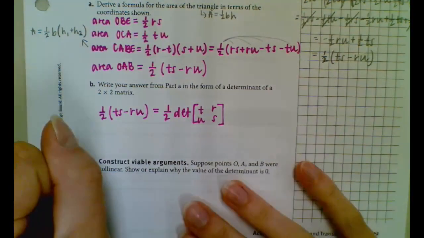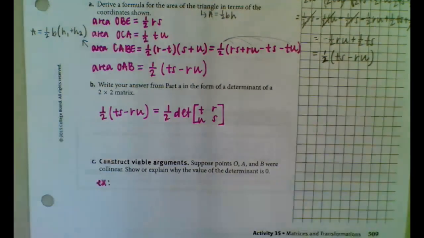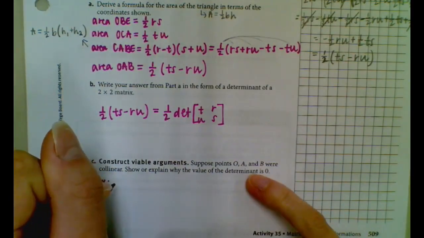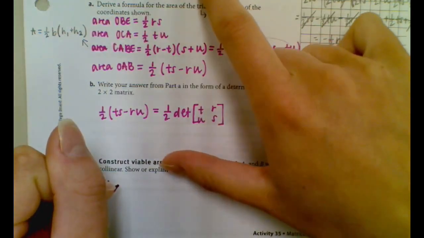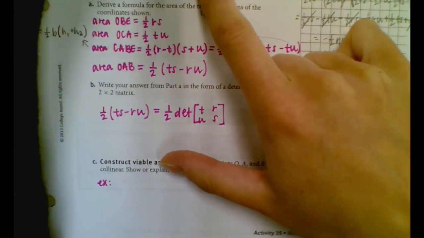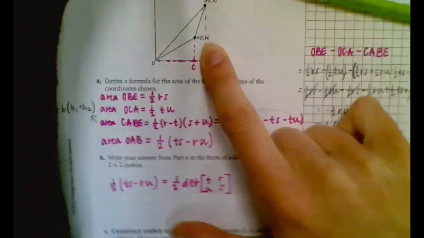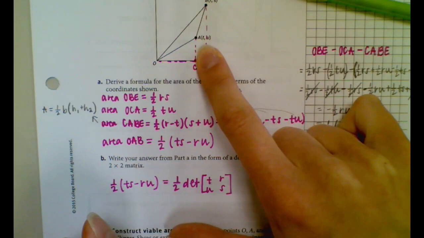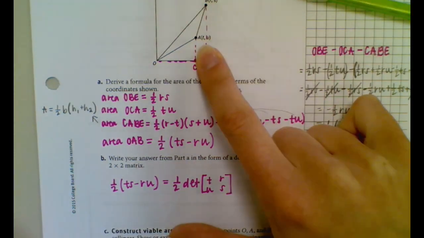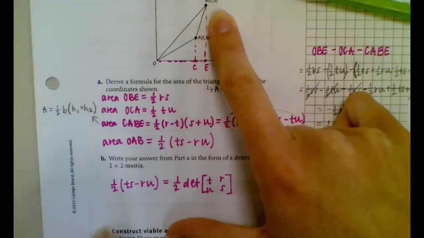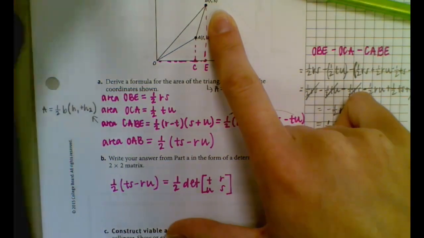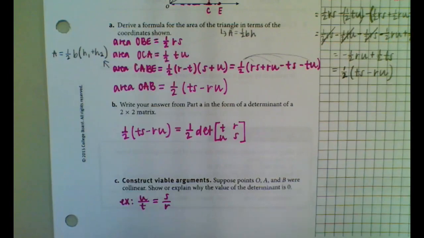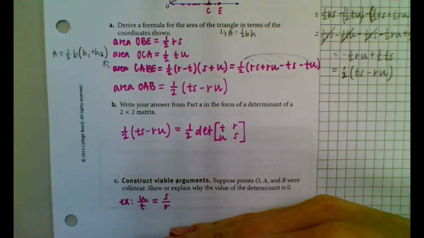So, an example to kind of explain that will be if I have U, because slope is rise over run, so U over T, that would have to equal S over R, because those 2 points would be on the same line.